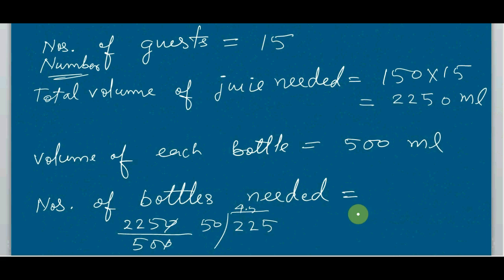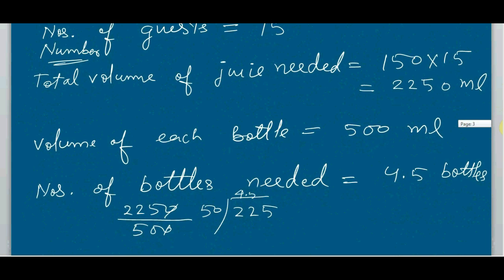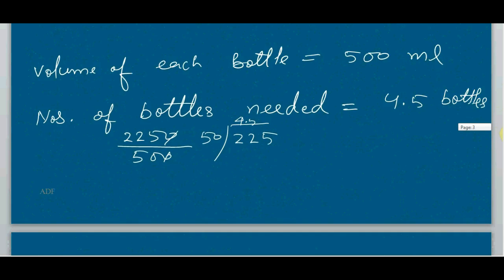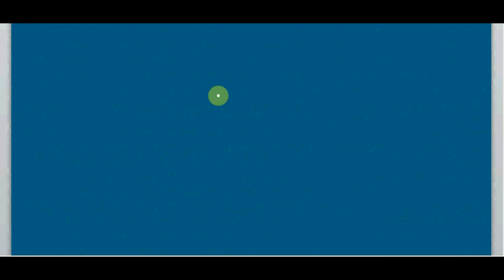Okay, 4.5. Now the question is, in this word problem, does the shopkeeper give you 4.5 bottles? No, not at all. Okay, that means you will write the statement that the shopkeeper will not give the bottles in fractions, so Rohan has to buy 5 bottles of juice.